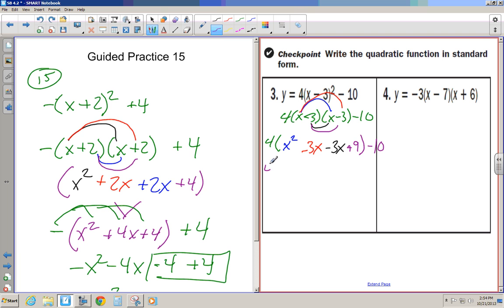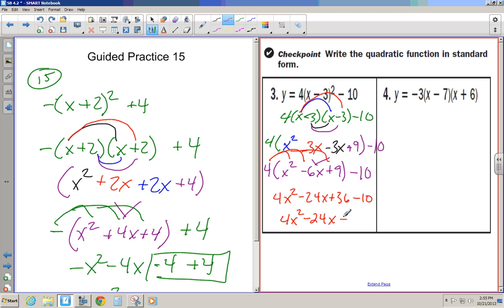Well, when we combine like terms, you get 4x squared minus 6x plus 9 minus 10. So we put those two pieces together. And now we distribute. 4 multiplies with everything inside the parentheses. And there you go.